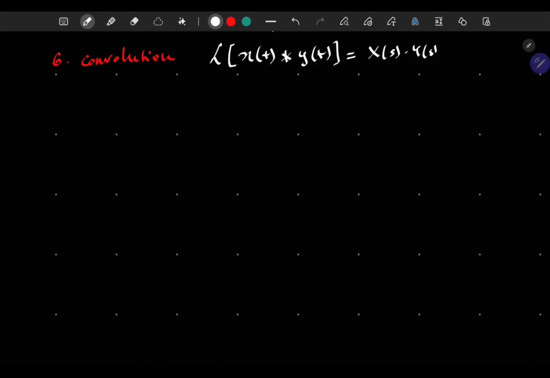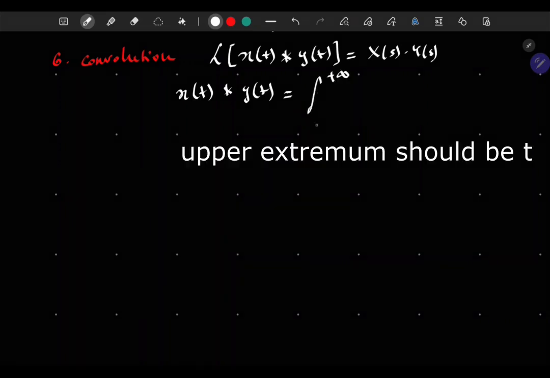And you can imagine that this will make the solution of linear systems much easier than just computing the full convolution product. And as a reminder, we know that this product here, x(t) star y(t), is defined as the integral from 0 to t of x(t minus tau) y(tau) d tau.